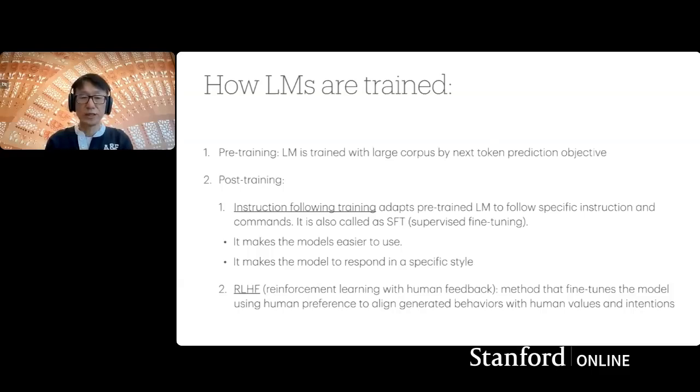Once the model is finished in this pre-training stage, models are fairly good at predicting any word coming next, given the inputs. However, the pre-trained model itself is not easy to use. So hence the post-training steps come in, and this post-training stage would include instruction following training as well as reinforcement learning with human feedback.